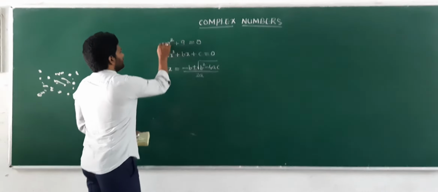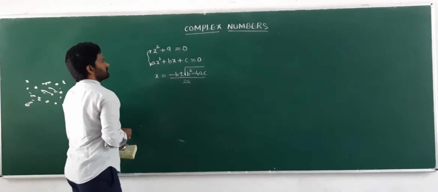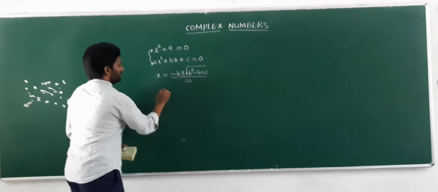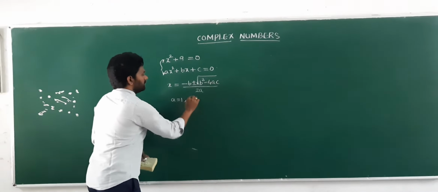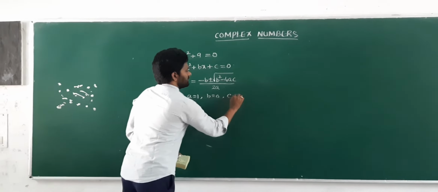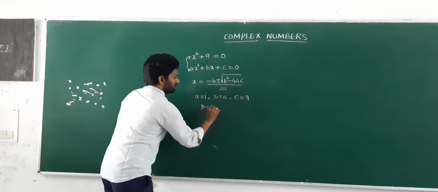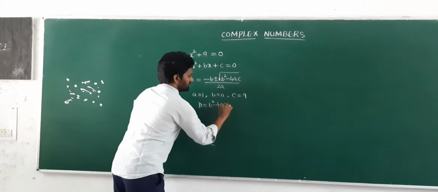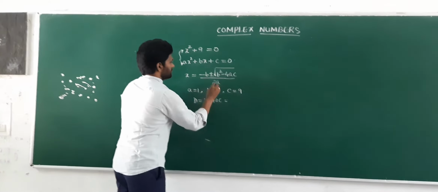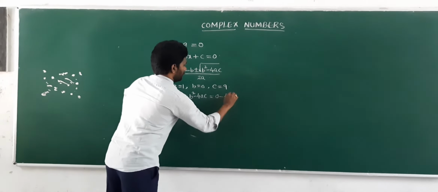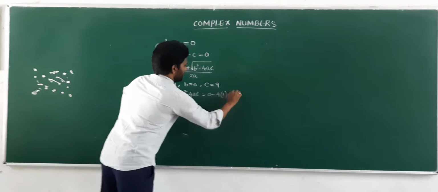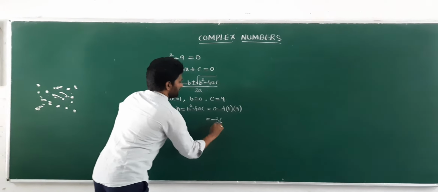Comparing with the standard expression, we get a equals 1, b equals 0 and c equals 9. The discriminant b square minus 4ac is 0 minus 4 into 1 into 9, which is minus 36.